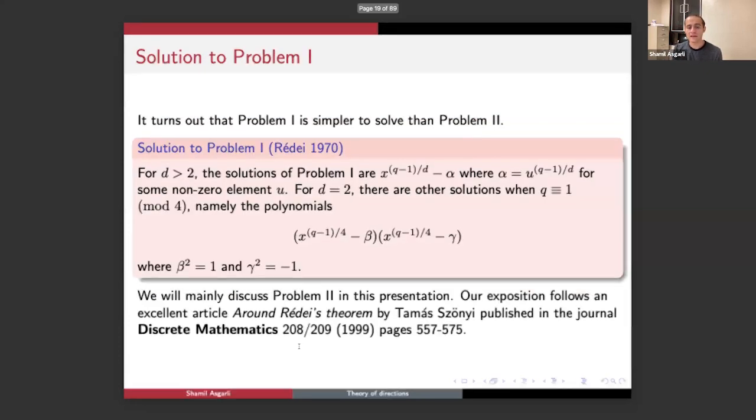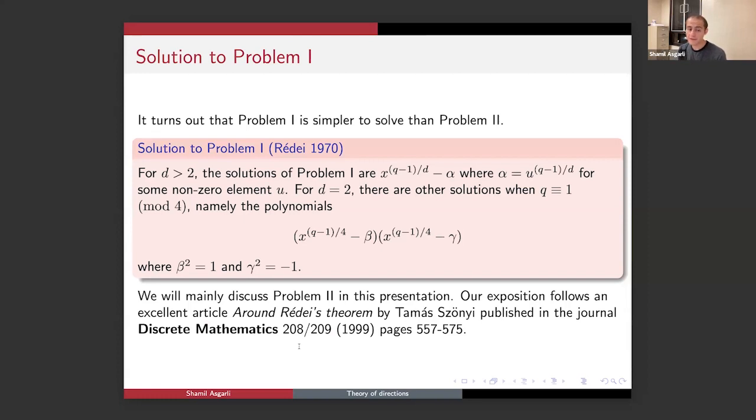The exposition that we're going to follow in our presentation is the excellent article by Tamás Szőnyi. Szőnyi's article, called Around Rédei's Theorem, was published in Discrete Mathematics in 1999.